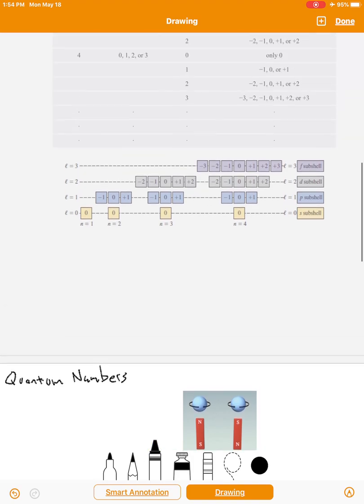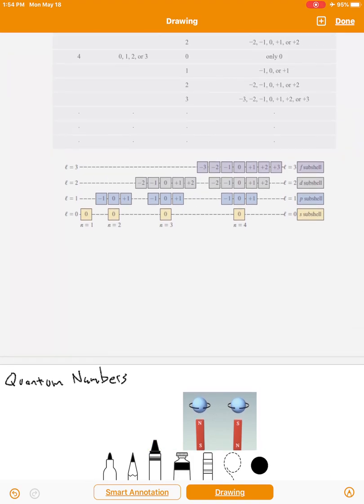What it's showing you are the different values of n. So on the left, n equals 1, L has to be 0. For n equals 2, just to the right, you've got 3 possibilities for M sub L, minus 1, 0, and plus 1.